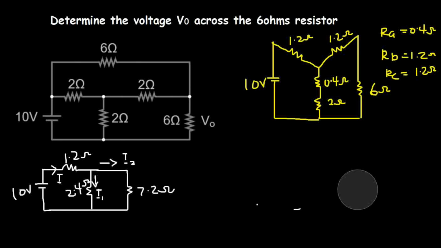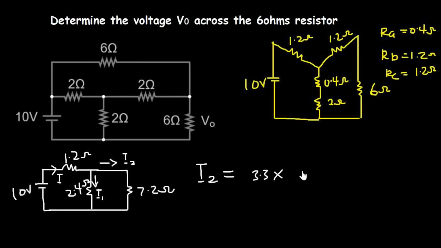So to do this, we can apply our current division here. So I2 will be equal to the total current, which is 3.33 amperes, times this resistance value here, which is 2.4 ohms, divided by the sum of these two resistance values, 2.4 plus 7.2.